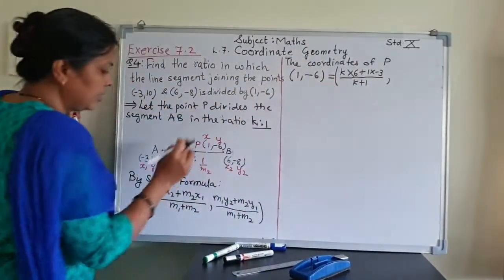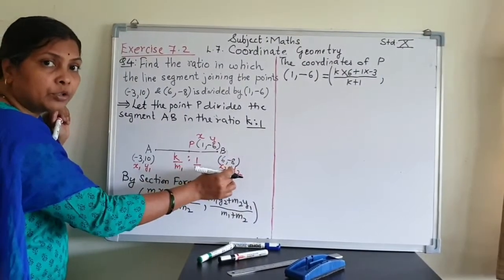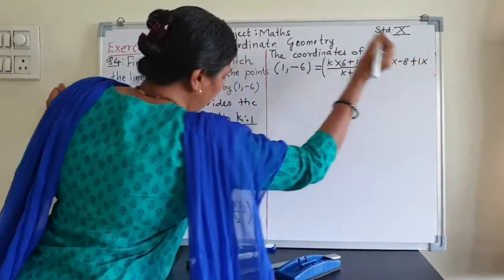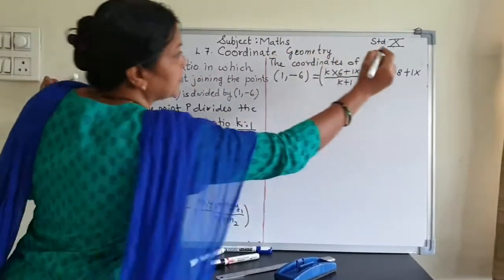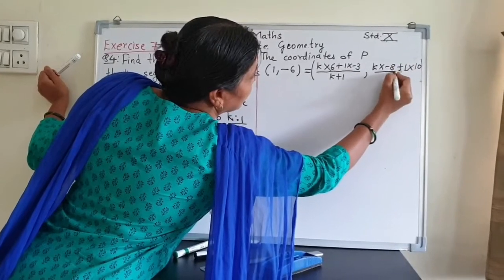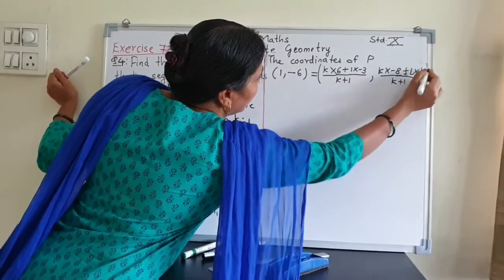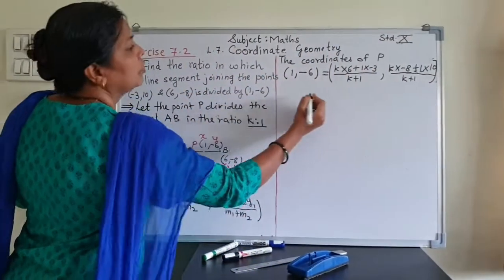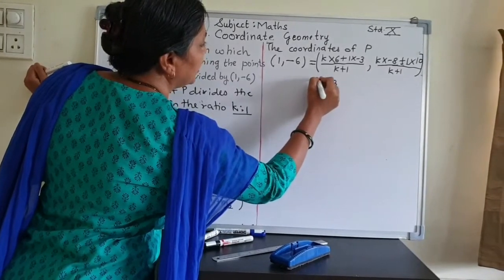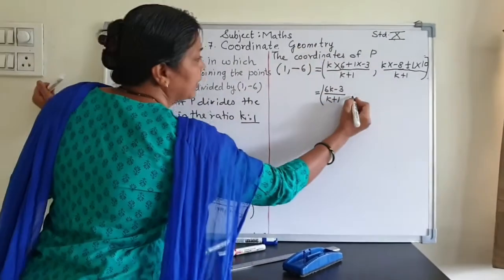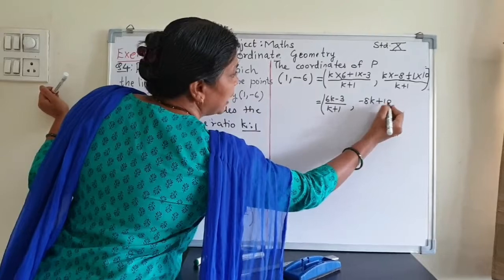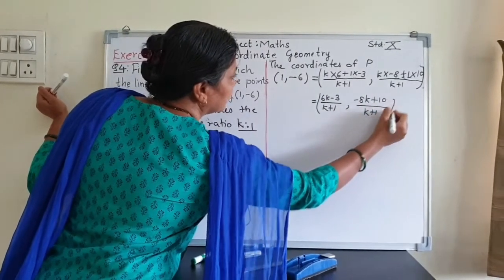Now what is the y coordinate? m1 into y2, so that is K into minus 8 plus 1 into 10, upon again K plus 1. So here we get 6K minus 3 upon K plus 1 as the x coordinate of point P, and the y coordinate is minus 8K plus 10 upon K plus 1.